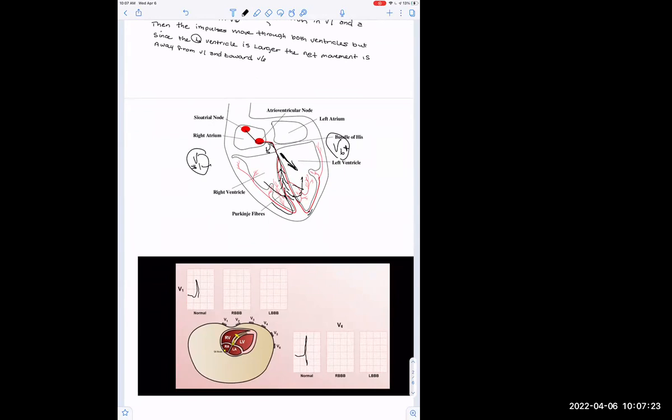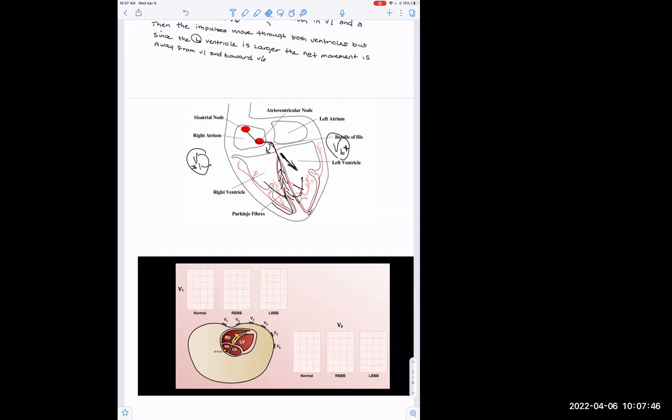So that's what we're looking at in a normal cardiac conduction system. Everything propagates down the interstate through the normal conduction pathways. It travels fast. And I'm not being very clear with my drawing.